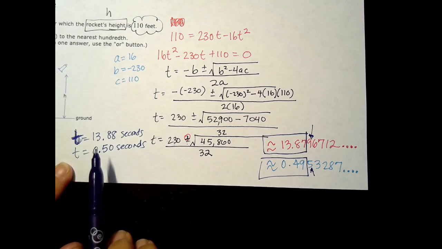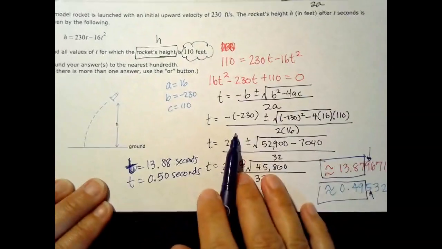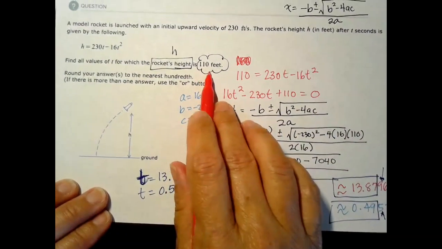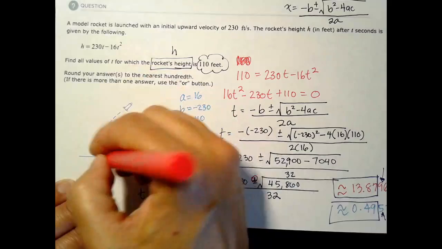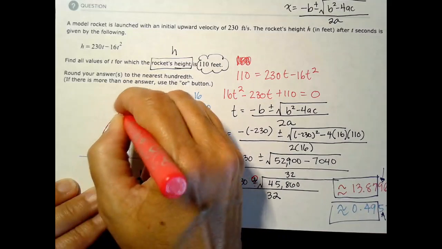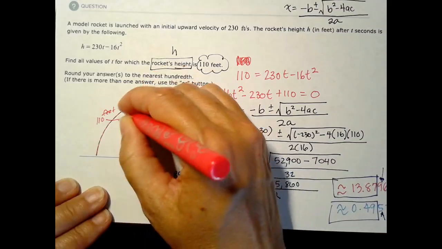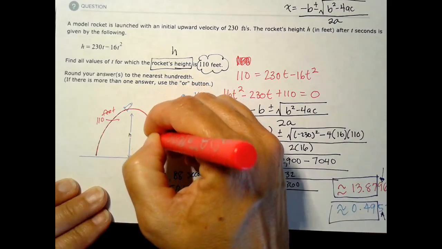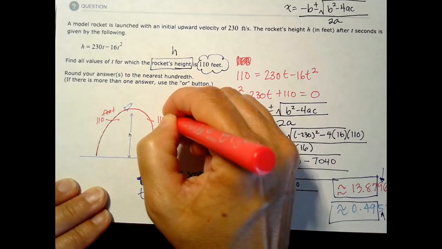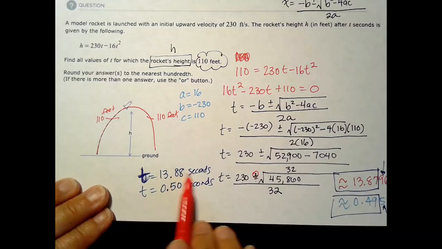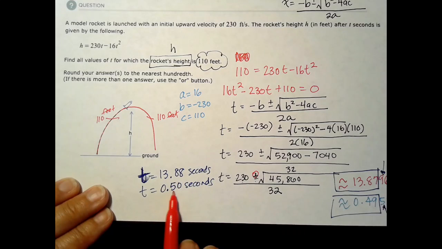So when I look at the rocket's height, what's going to happen to the rocket is I get 2 times. There's 2 times when this rocket's going to be 110 feet, because as I'm going up, I'm going to hit 110 feet. And then as the rocket goes down, it's going to hit 110 feet again. So think about this for a second.